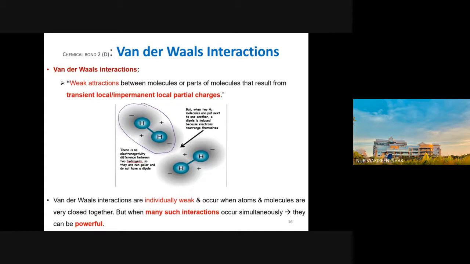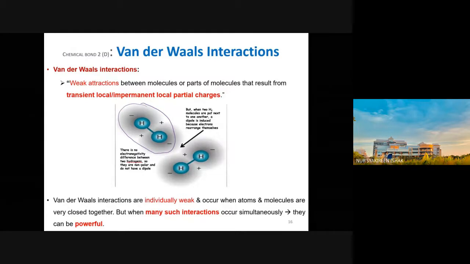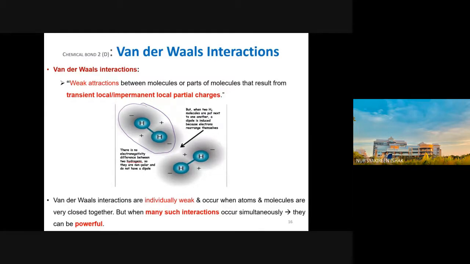But when you put two hydrogen molecules together, next to each other, a dipole is induced because electrons rearrange themselves. When you put these two hydrogen molecules together, it causes the electrons in the electron cloud to move.